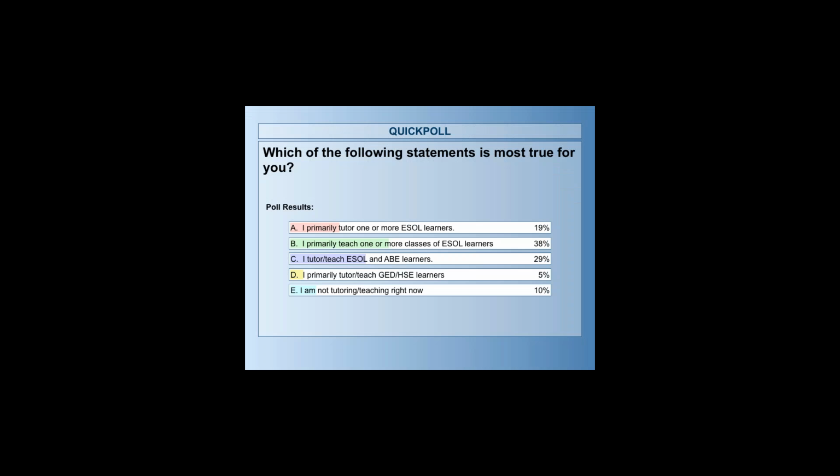And it looks like the majority of you are working in ESOL, which is terrific because that is the focus. So let me share the results with you.